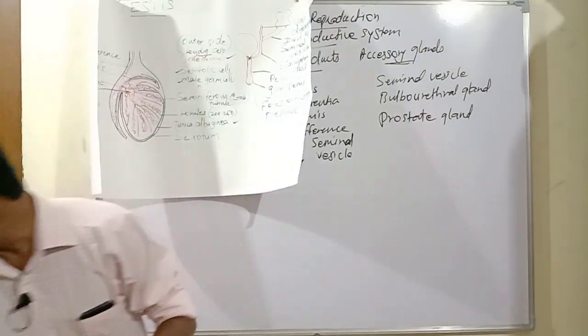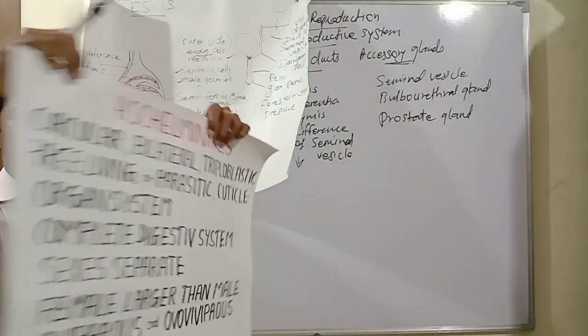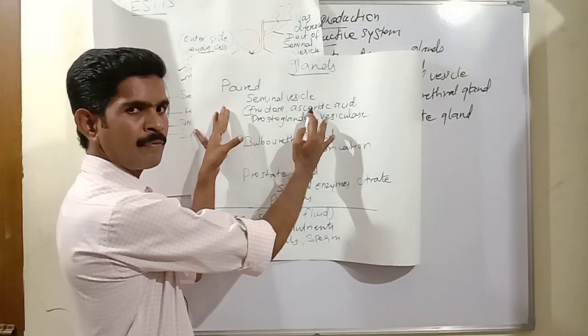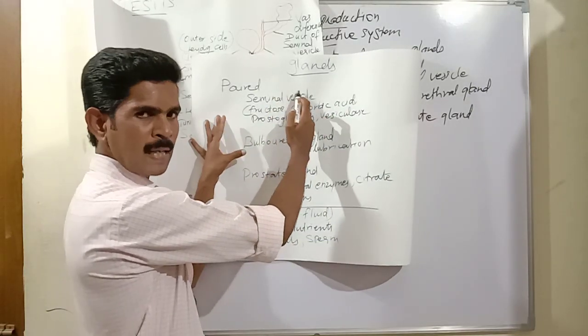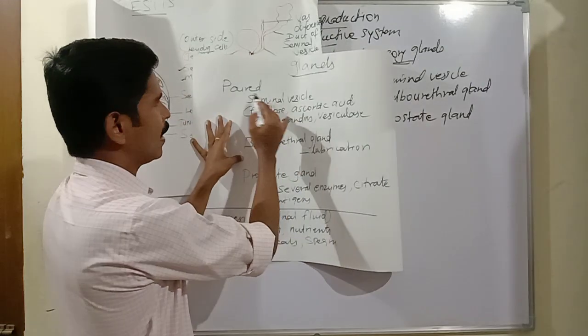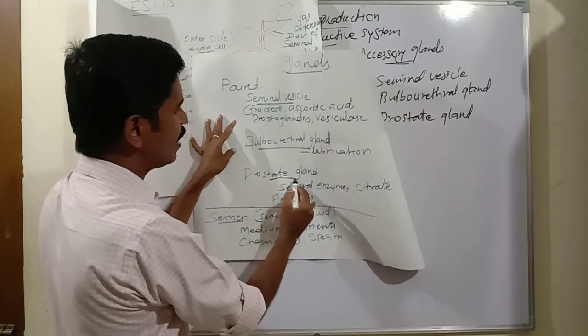Here I have written all the uses or the functions of the accessory glands. So first, I already told you: a pair of seminal vesicles, a pair of bulbourethral glands, and a prostate gland.